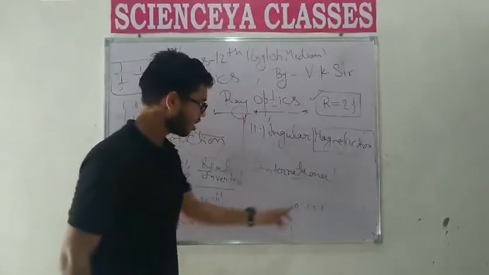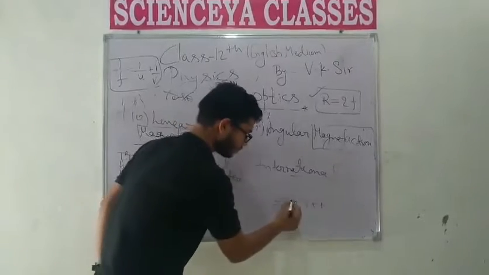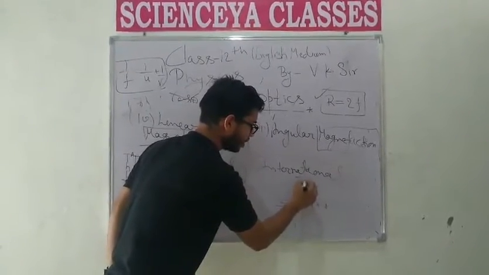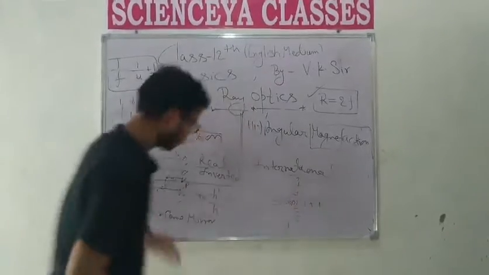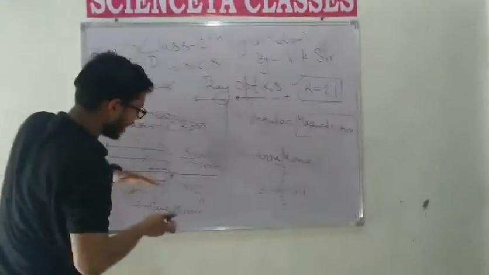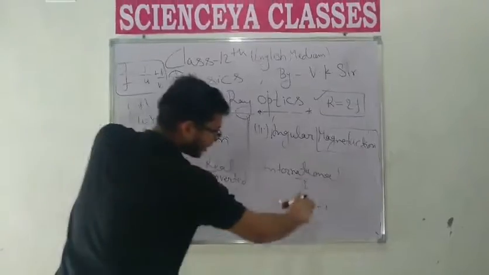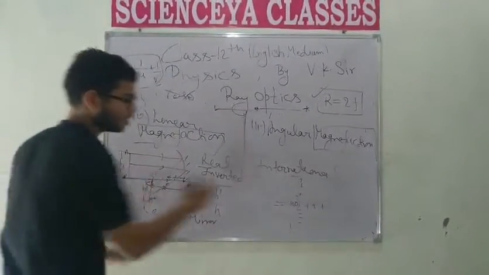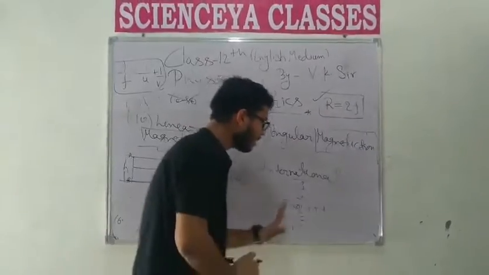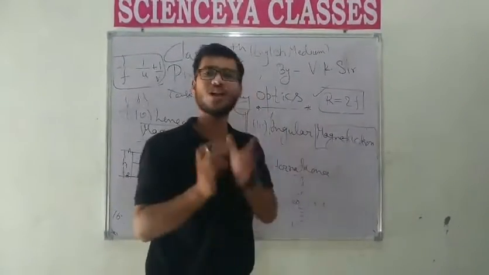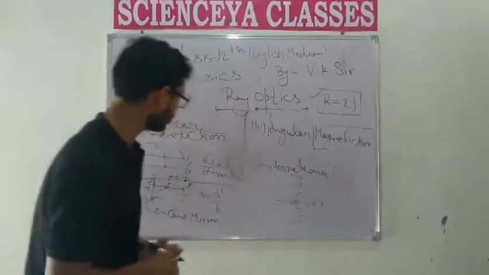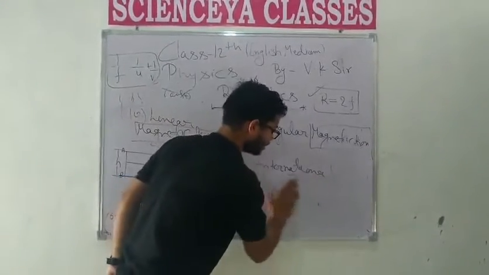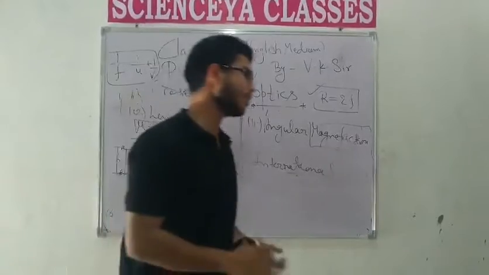This is the center, 0, and here all distances are positive and here all distances are negative. So students, suppose this is the principal axis: below the principal axis all distances are negative, left of the origin all distances are negative, and right side and upper all distances are positive. Okay student, you just understand by this, and we will discuss the sign convention in our upcoming lecture.